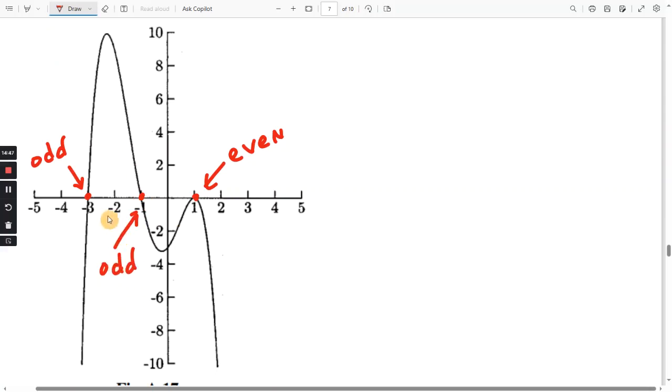And remember for the zeros you change the plus minus sign. So I'll write this out. These are the zeros. We have negative 3. This one here is negative 1. And this one here is positive 1. Now when you write out the factors, remember you have to change the plus minus sign.